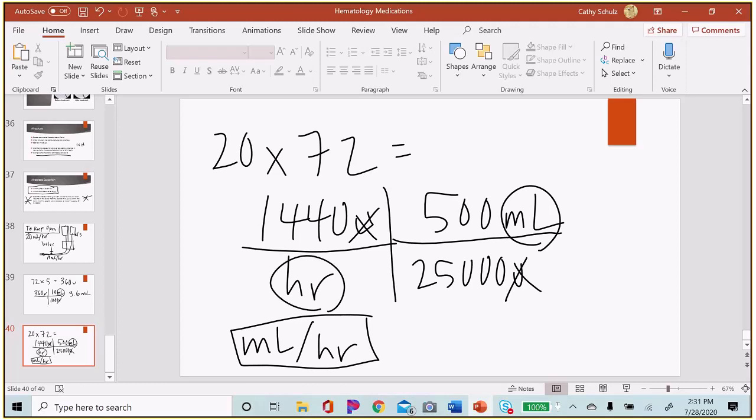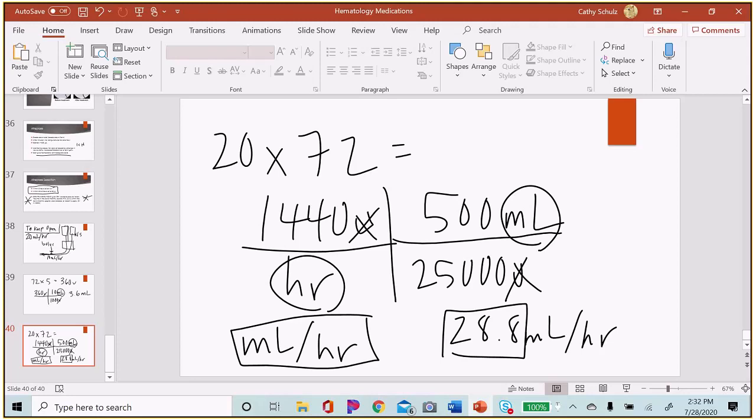So it's 1,440 times 500, which is 720,000, divided by 25,000 equals 28.8 milliliters an hour. And this is how I would program the pump. Heparin infusions are rounded to the nearest tenth. So that's what I would start it at.